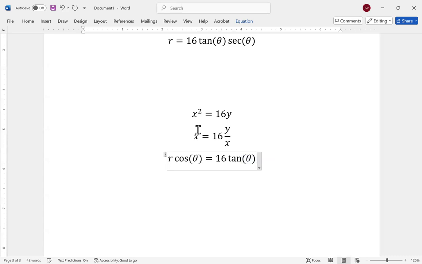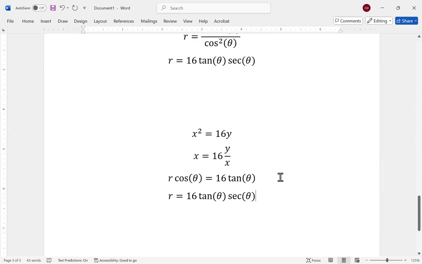And then dividing both sides by cosine. Well, 1 over cosine is secant, so I could have rewritten this as 16 tangent of theta multiplied times secant of theta, or divided by cosine. It doesn't matter. Multiply by secant, divide by cosine, same thing.